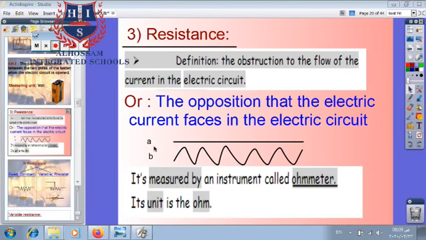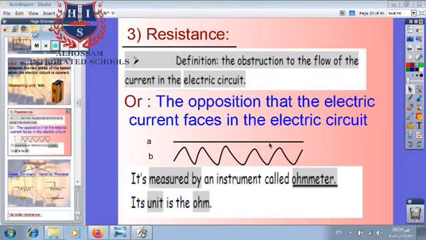Sure, B. Yes, because in the zigzag line you find more resistance to move, but in the straight line it's easier.